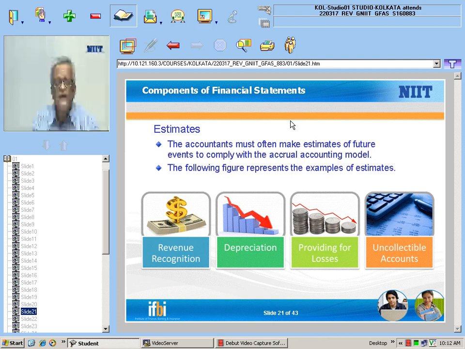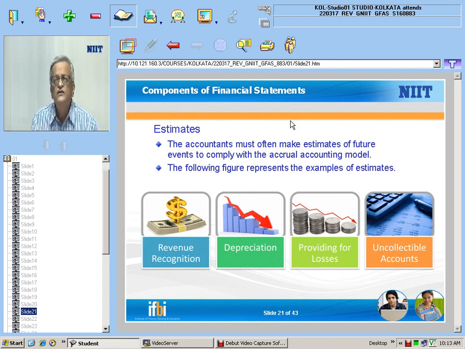Account receivable that we are debiting is also an estimate. It may not be the full final figure, but just an estimated amount we are debiting. Depreciation is an estimate. Provision for loss on doubtful accounts is an estimate. Provision for uncollectible accounts is an estimate.